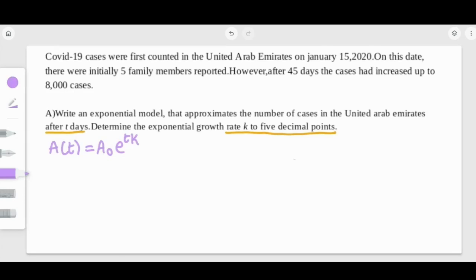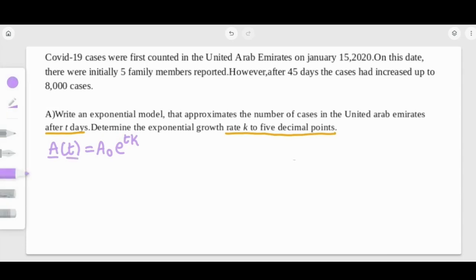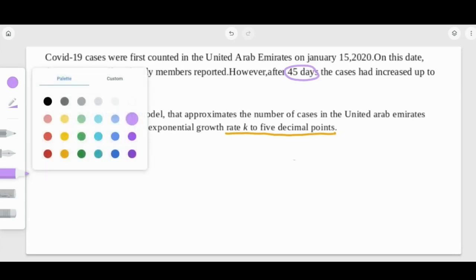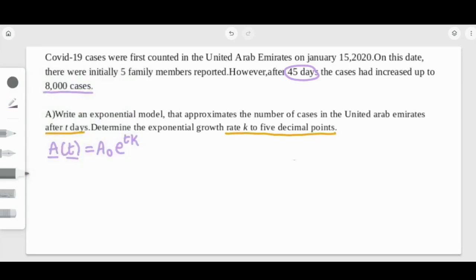The A is the amount, and the t is the period of time. In our real life problem, we had 8,000 cases after 45 days. That means that the 45 days is the certain period of time, and the 8,000 cases is the amount of something that we had after this certain period of time. So A of t is 8,000.